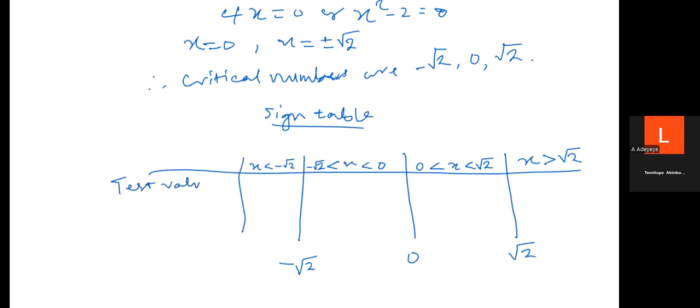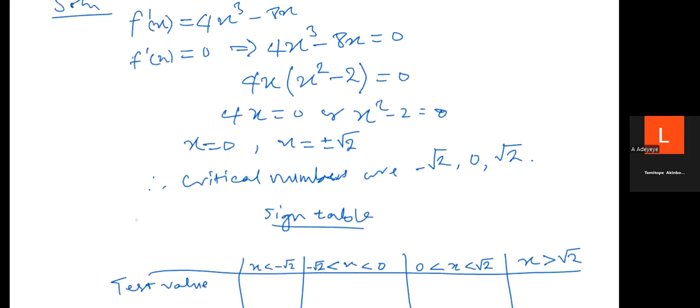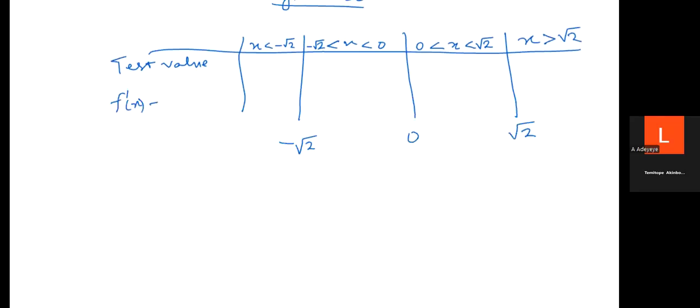So test value, then f prime of x. So what's our f prime now? We are using the original derivative, which is 4x cubed minus 8x. So first of all, pick the test values. Now, don't forget that root 2 here means 1.41 if you want to view it in decimal, so that your work will be easier.